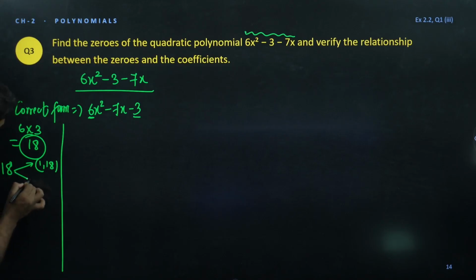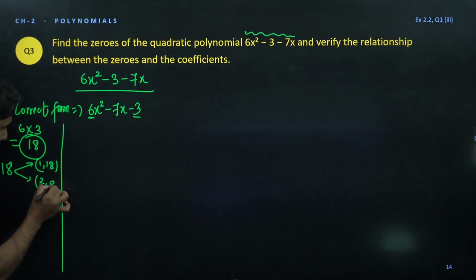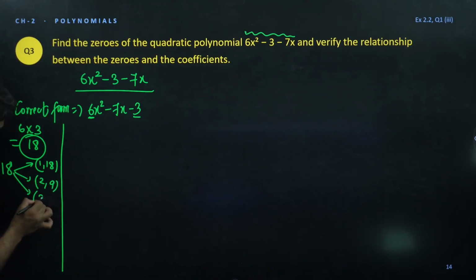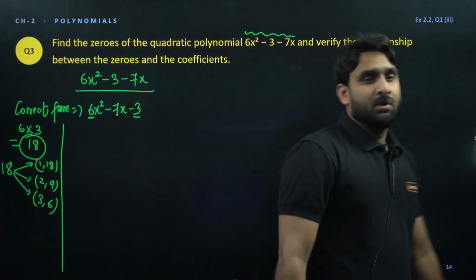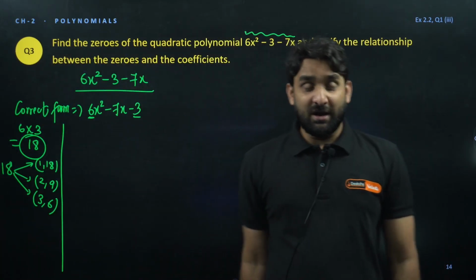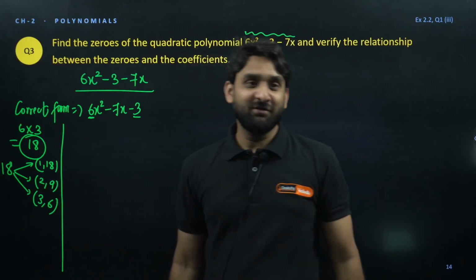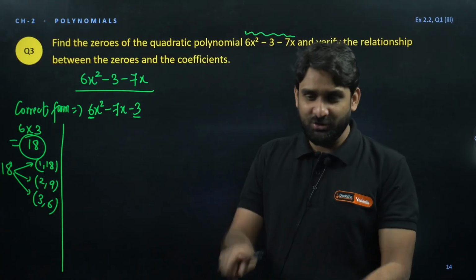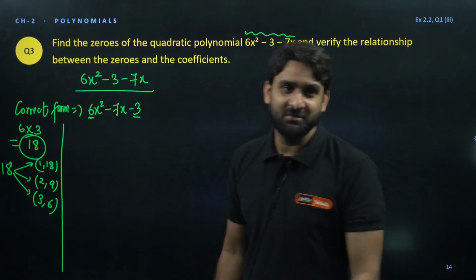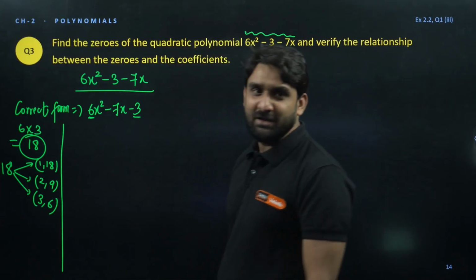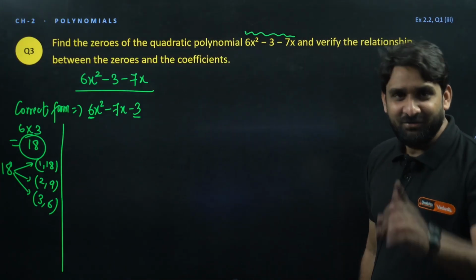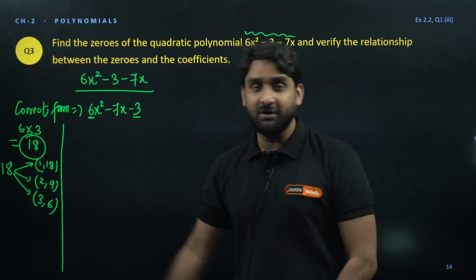The second pair will be 2 and 9. The third pair will be 3 and 6. There is no other possibility now. Don't say, sir, 9 comma 2 we can write, or 6 comma 3. Both are the same; you are just interchanging the positions of the numbers. Don't say 1, 18 and 18, 1. That is counted as one. So we have 3 possibilities.